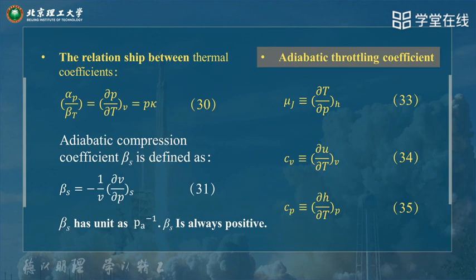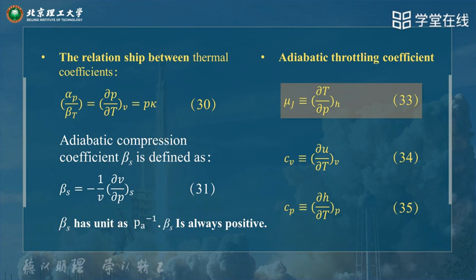The adiabatic throttling coefficient mu J equals partial T over partial P, H constant. We can easily obtain this coefficient from the throttling process. This coefficient is also very important.